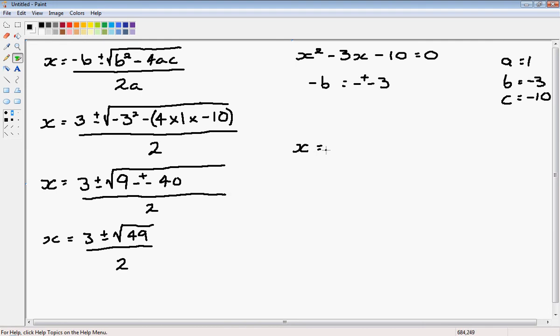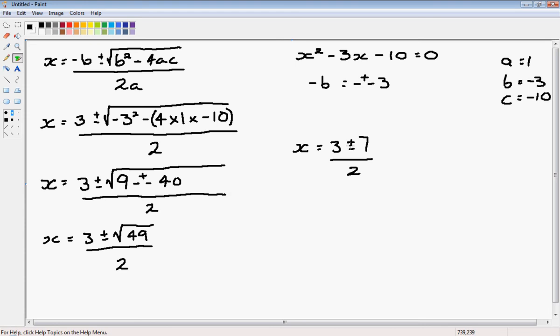So we have x equals 3 plus or minus, now the square root of 49 is 7, okay, and the square root of any number is always plus or minus, so we write this plus or minus in anyway, and this is over 2.